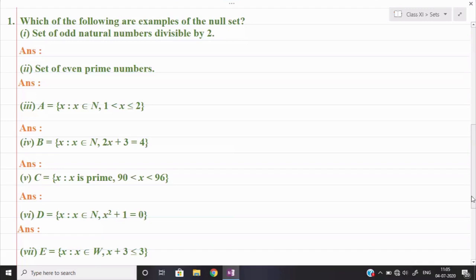So we can say that it is an empty set, since no odd number is divisible by 2, right? So there is no odd number which can be divisible by 2.